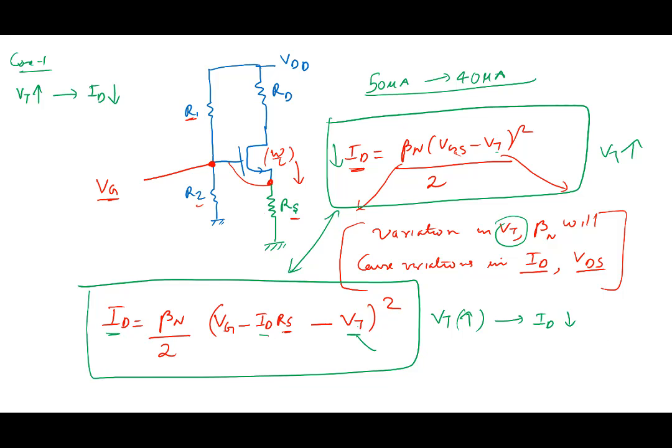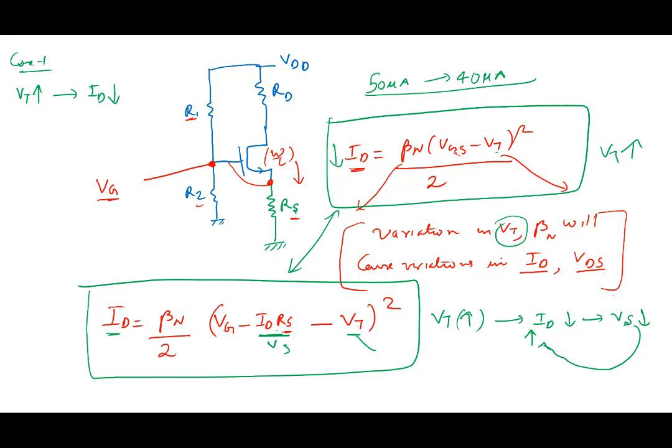But note that if ID falls, what happens to this term? This term falls. What is this term? Vs. This term falls. What is the effect of this fall in Vs? What will it tend to do to ID? Increase ID. Are you saying that there is a negative feedback loop here?